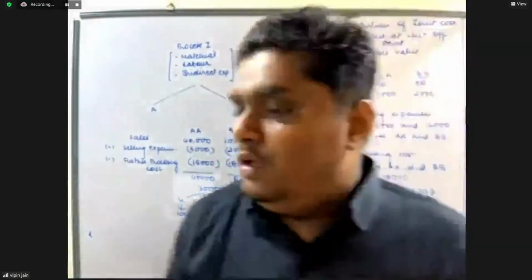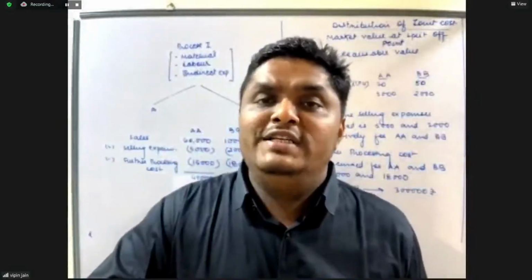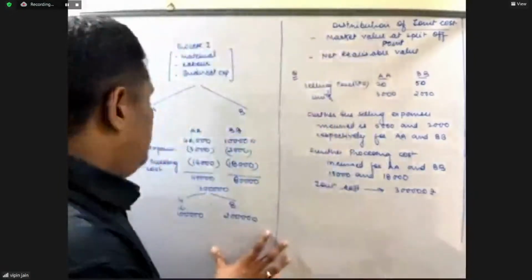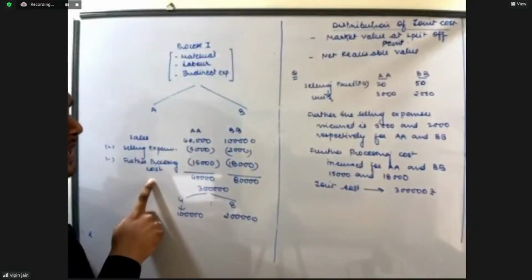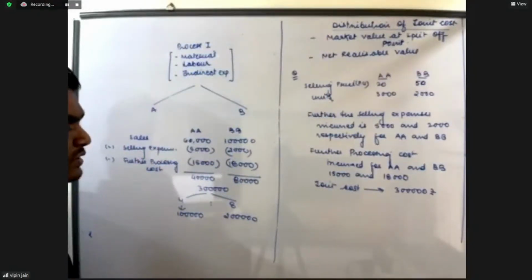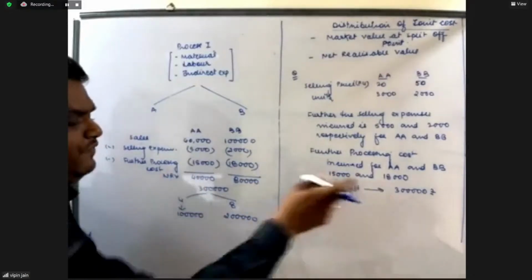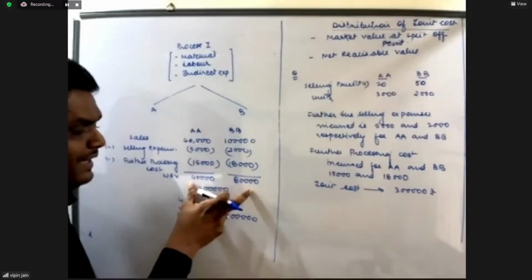So I repeat again, if the market value at split-off point is not available, we'll calculate the net realizable value. When talking about net realizable value, it is sales minus selling expenses minus further processing cost. So this is what we call the net realizable value. And my joint cost of 3 lakh is to be distributed in the ratio of this net realizable value.